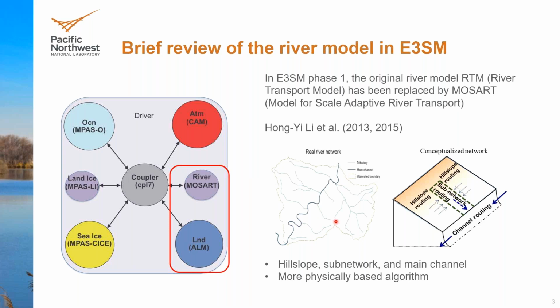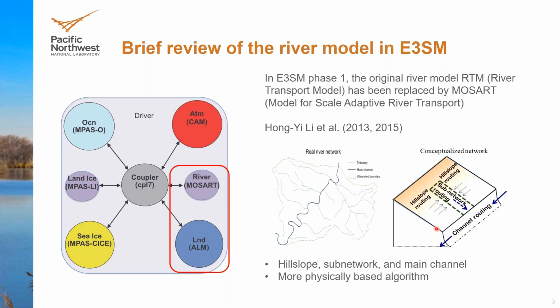As you can see from this figure, it can better represent the subgrid river network by including hillslope subnetwork and main channel river routing. It has a more physically based algorithm to represent the river flow dynamics using a kinematic wave routing scheme. So this is a great platform for future development.